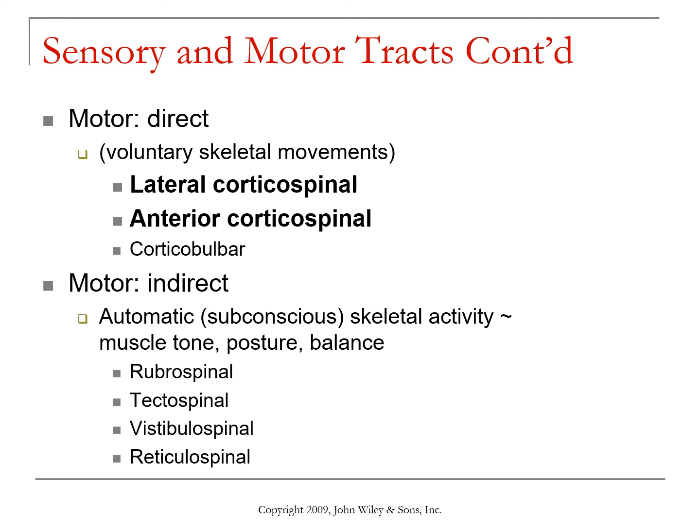I will not pronounce all of these, but we have the rubrospinal tract, the tectospinal tract, vestibulospinal, you know that one's involved with balance, and the reticulospinal tract. So I guess I did pronounce them all. You do not need to know these. The main ones are the corticospinal tracts, which we will consider in more detail in a few slides.